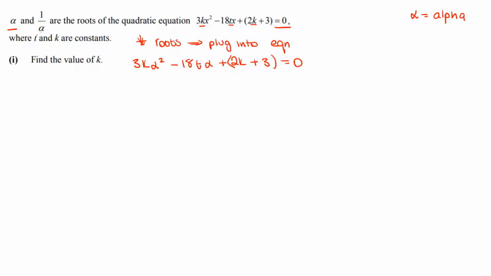Similarly, I can do the exact same with the 1 over alpha. So everywhere I see an x squared, I'm going to put in a 1 over alpha. So we have 1 over alpha squared minus 18t, and then we'll have a 1 over alpha instead of the x, plus 2k plus 3. And we know now that will also be equal to 0.